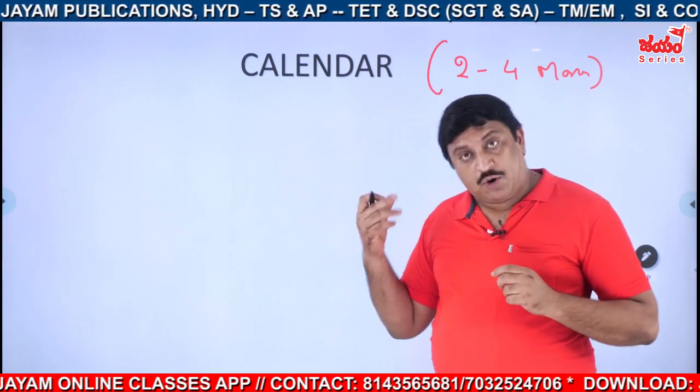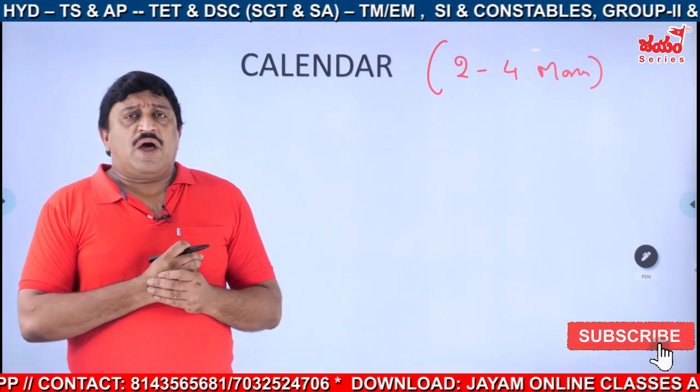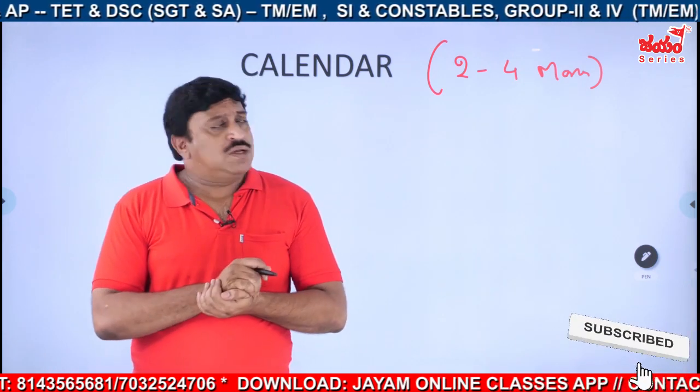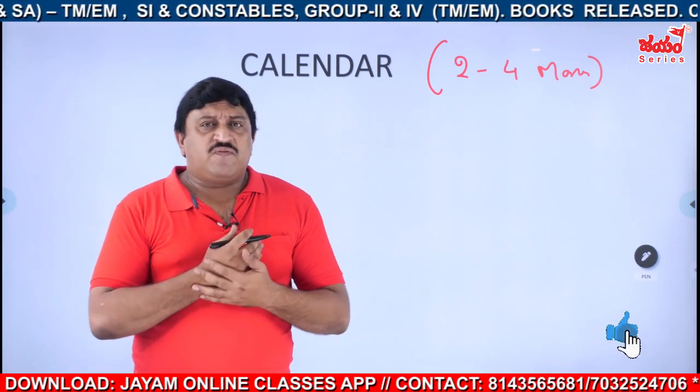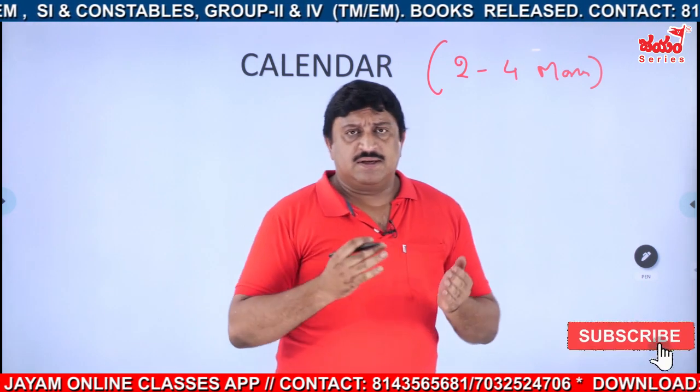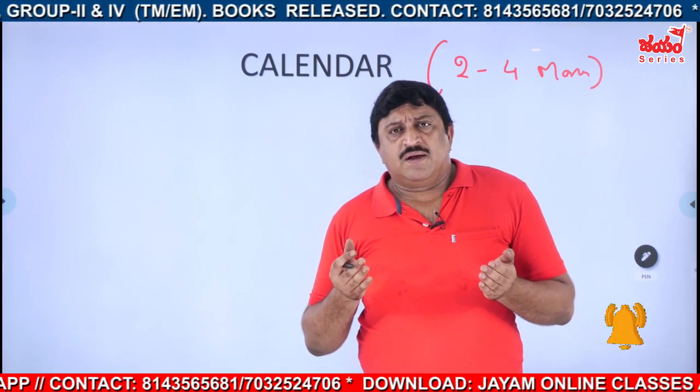Coming to the topic now, the calendar. I will discuss in this session. Generally, we come across 2 types of years. 2020 means it is a leap year, don't say corona year.